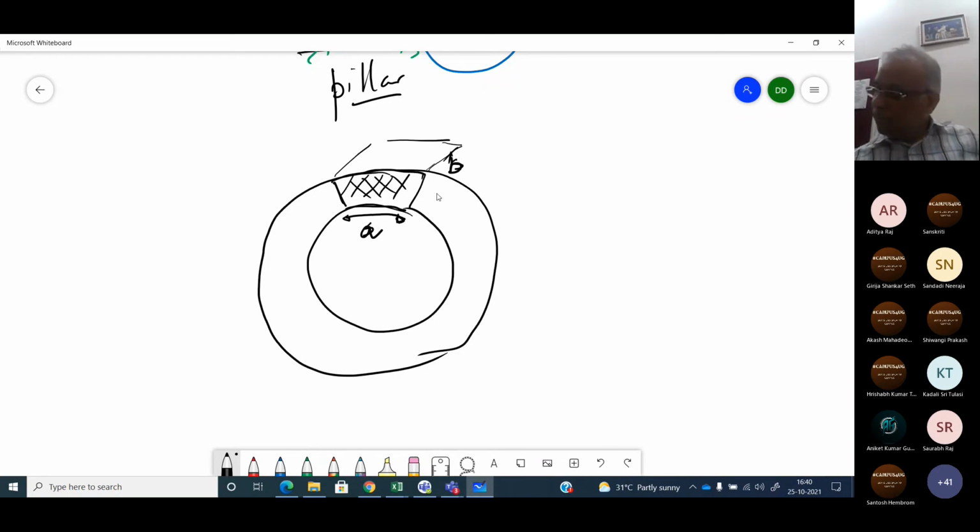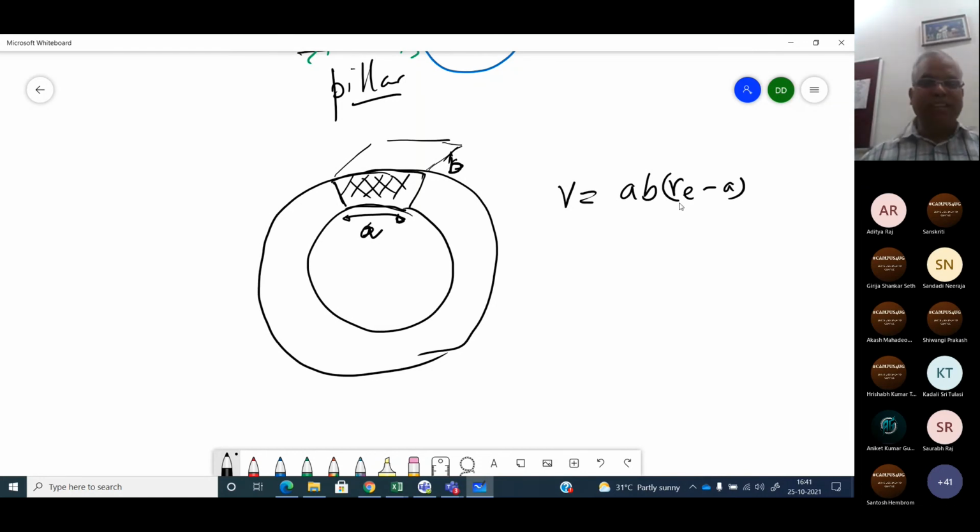This is a piece of rock hanging like this, because this area is broken. So the total volume of this we can tentatively write as a b into Re minus a. This is the total volume. We can roughly write like this.